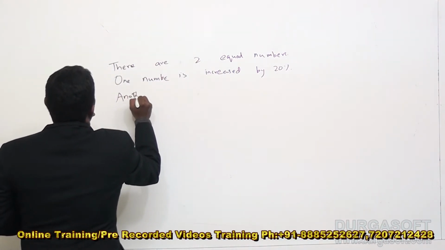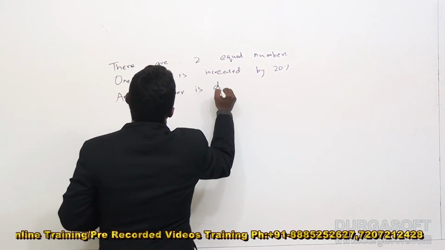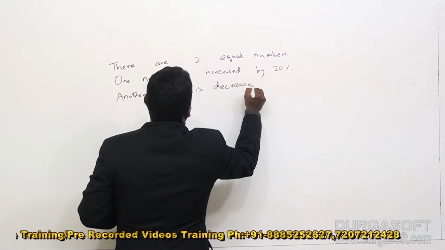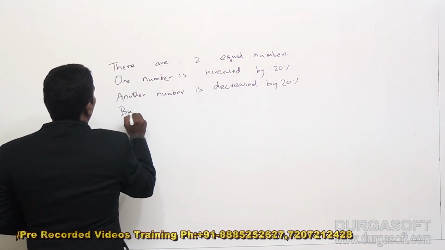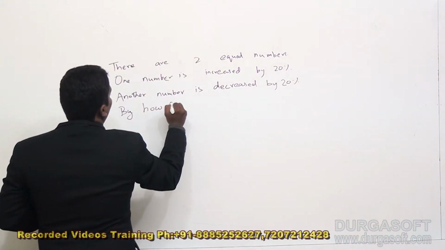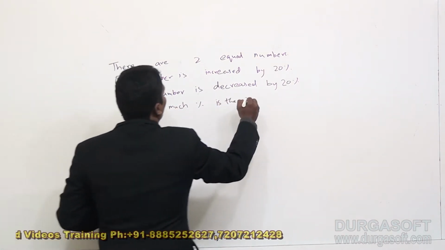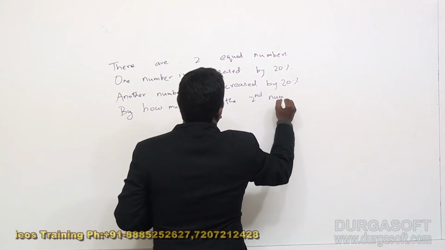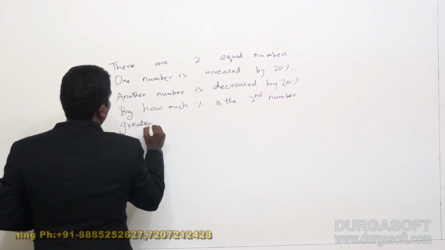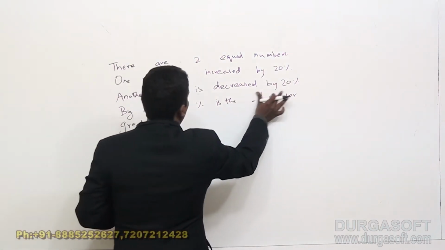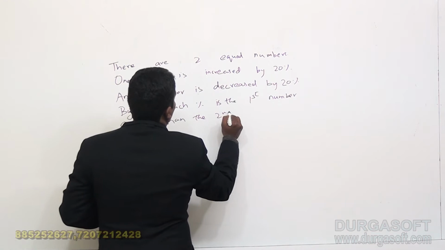Another number is decreased by 20%. Now, by how much percentage is the first number greater than the second?